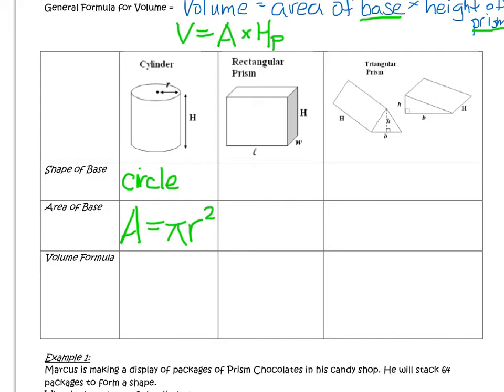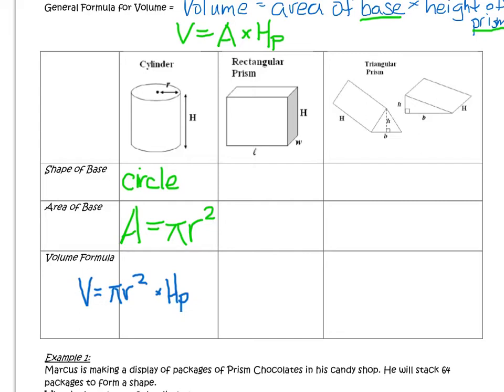Now combining that all together, what would the specific formula for calculating volume of a cylinder be? So we said the general formula was area times height of the prism. Harpreet? The volume formula would be pi r squared, which was the area of the base, times the height of the prism, times HP. So it would just be pi r squared times h.